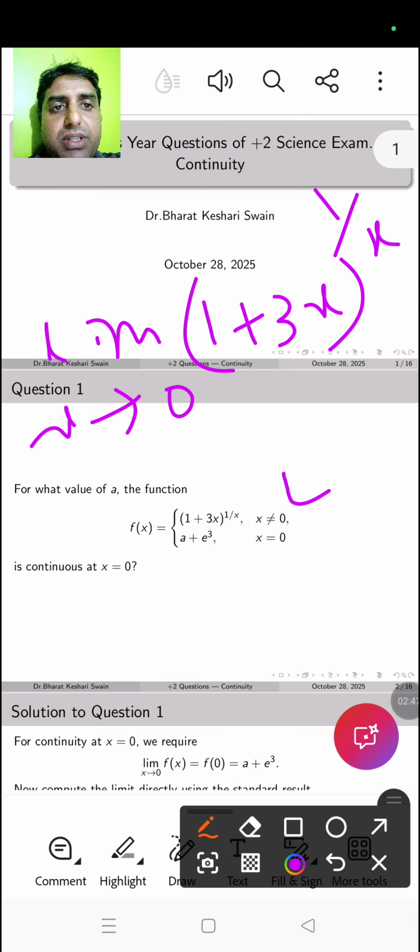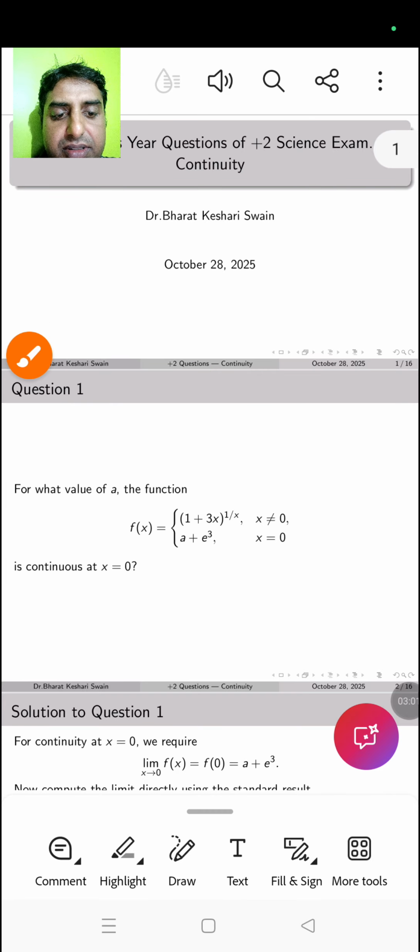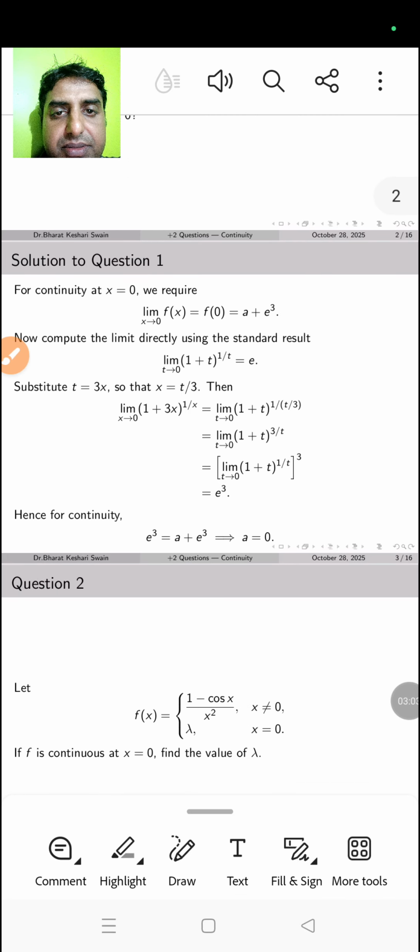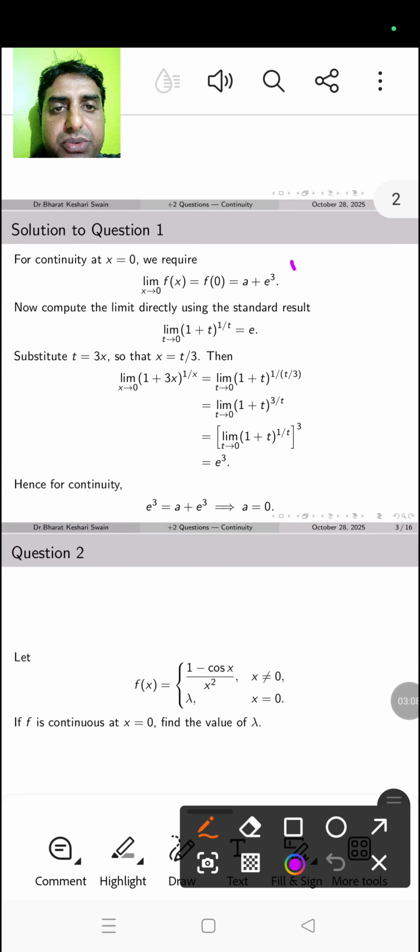So now to find this limit, just put 3x equal to t. For continuity at x equal to 0, the limiting value must be equal to f(0), that is a plus e^3.